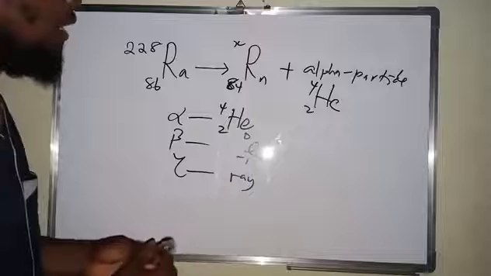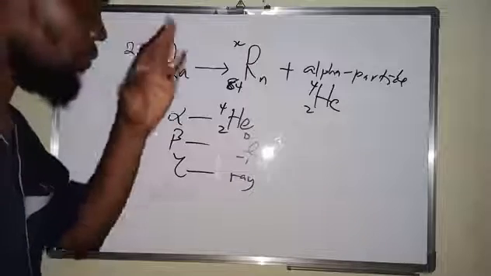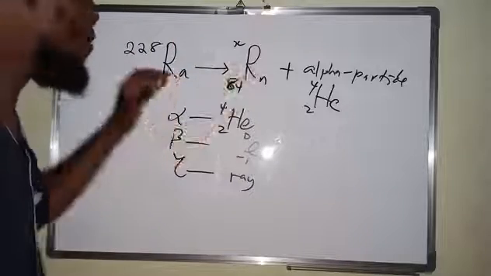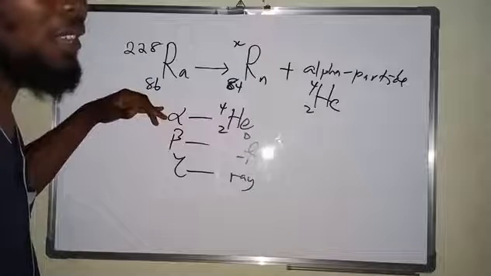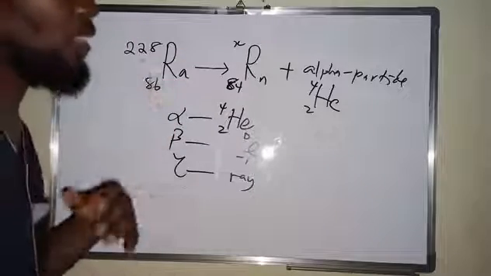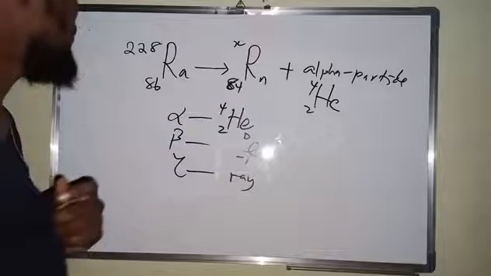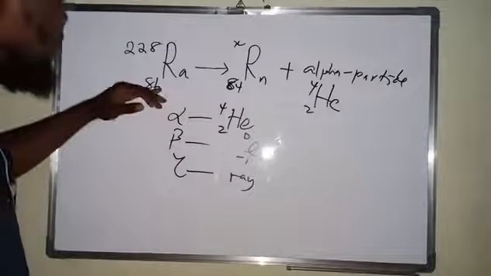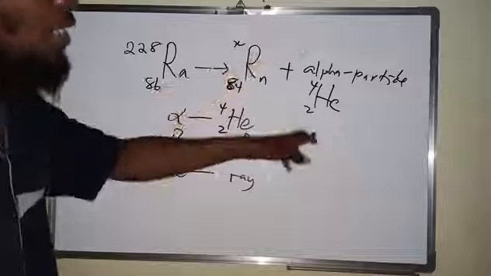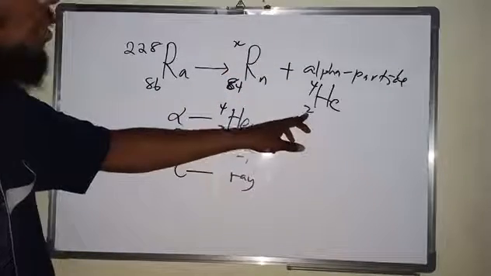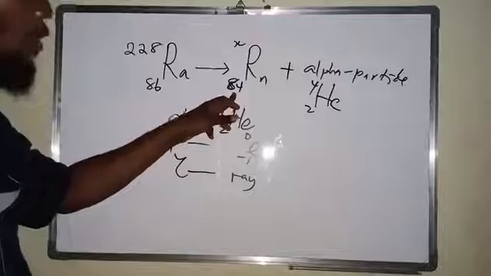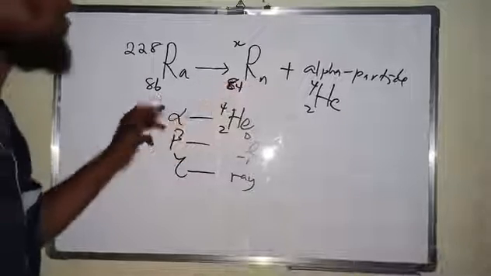In the balancing of the equation, there must be balance in the atomic number, the number of protons, and then the mass number. They must be balanced, and also the charges. So if this is 86, then we must have a total of 86 here. An alpha particle, like I said, is a helium nucleus. So if this is going to be 2, then this will be 84, so that 84 plus 2 gives you 86.